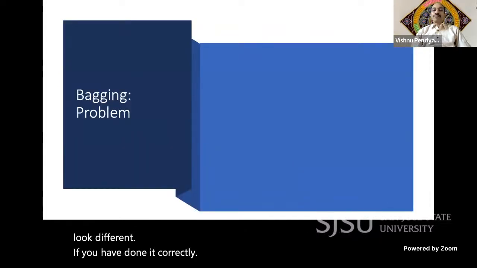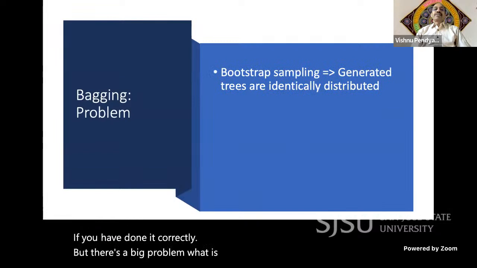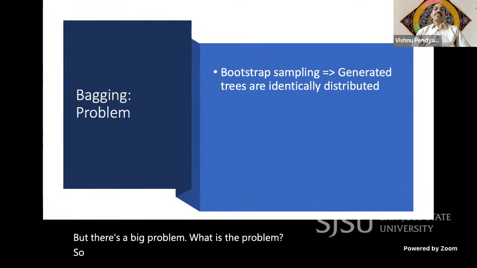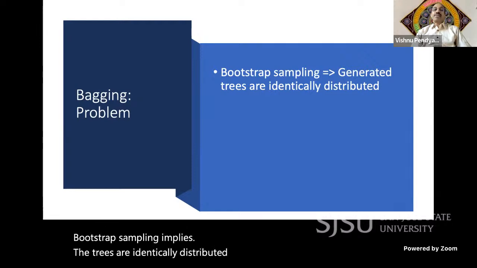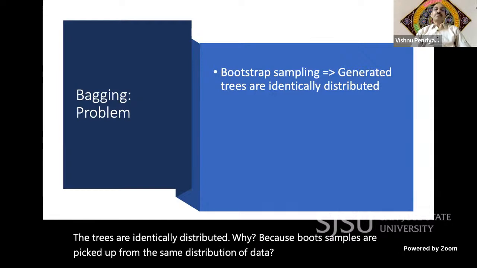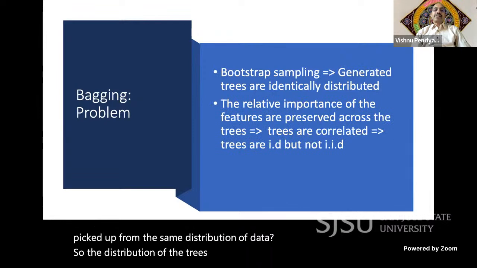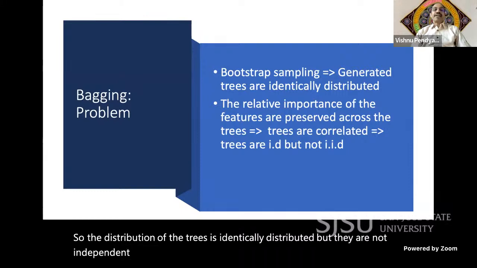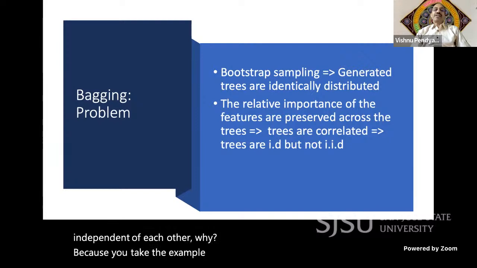But there's a big problem. What is the problem? Bootstrap sampling implies the trees are identically distributed. Why? Because bootstrap samples are picked from the same distribution of data. So the trees are identically distributed, but they are not independent of each other. Why? Take the example of a predictor or a feature which is really very strong.